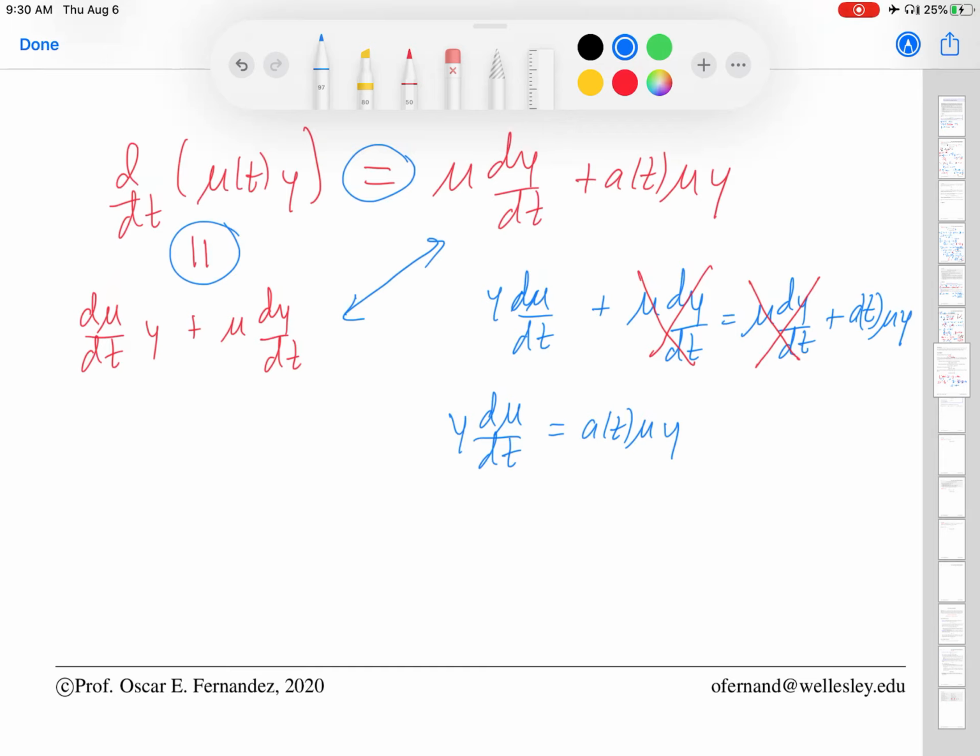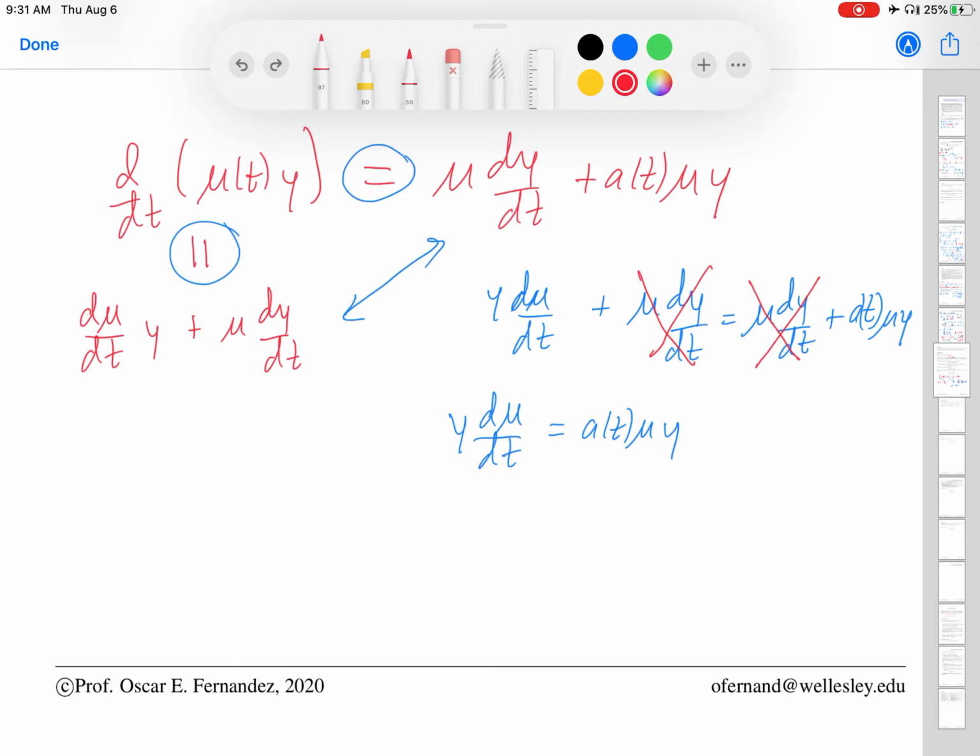Great. So technically, there's one thing to mention here. I would want to divide by y, right? And then be left with something that is simpler to analyze. But I just want to mention one thing here: generally, you don't want to divide by functions or variables because you are assuming that they are not zero.